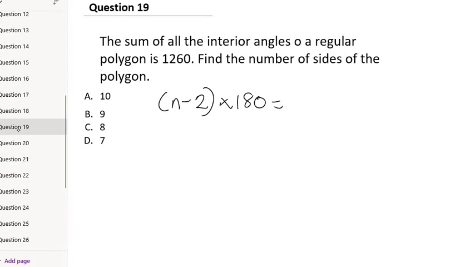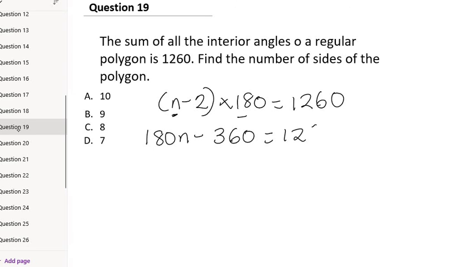They said it equals 1260. Find the number of sides, which is represented by n. So we need to break this bracket by using 180 to multiply each of the terms inside the bracket. 180 times n will give me 180n, minus 180 times 2 will give me 360, equals 1260.